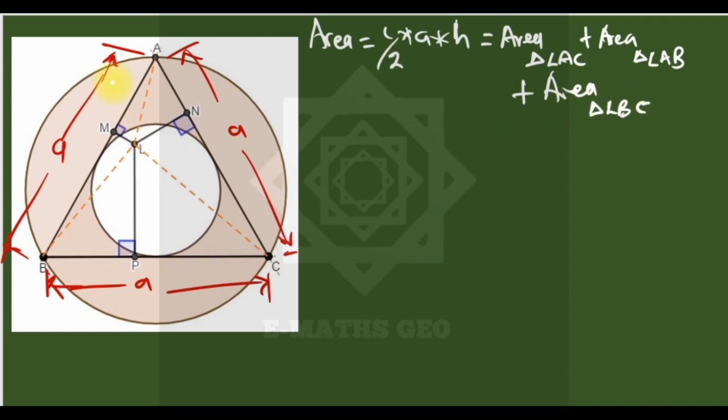So it's either you use half base times height, knowing the height of this triangle, or you use the sum of these 3 areas, because as you can see, this is a triangle with height LN.